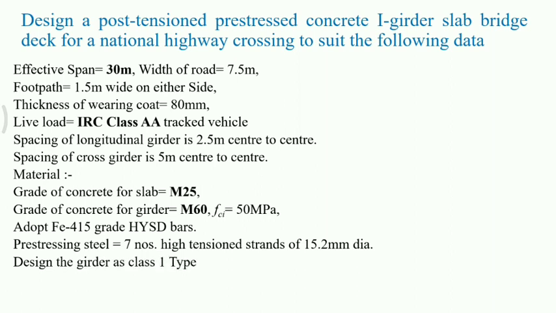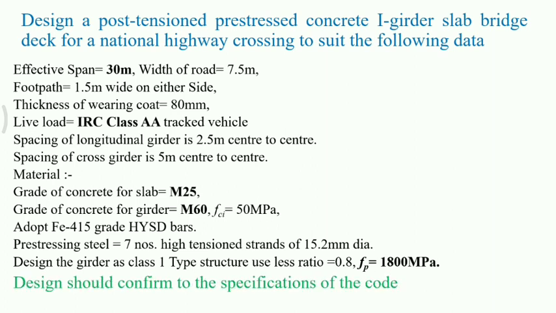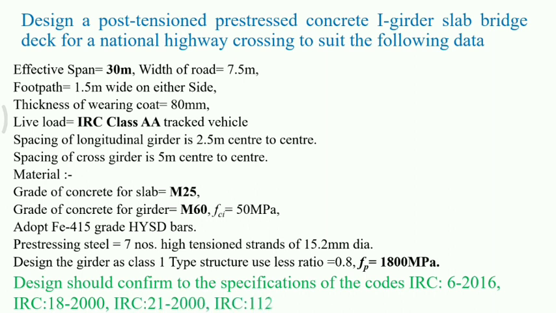Design the girder as class 1 type structure. Use loss ratio as 0.8. Pre-stressing stress is 1800 MPa. Design should conform to the specifications of the codes IRC 6, IRC 18, IRC 21, IRC 112 and IS 1343.